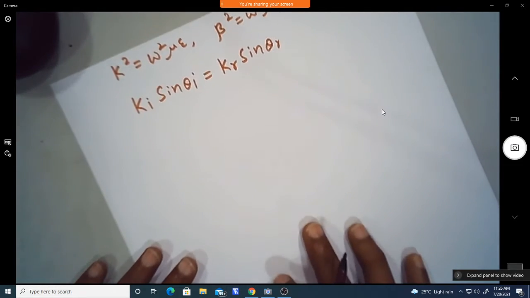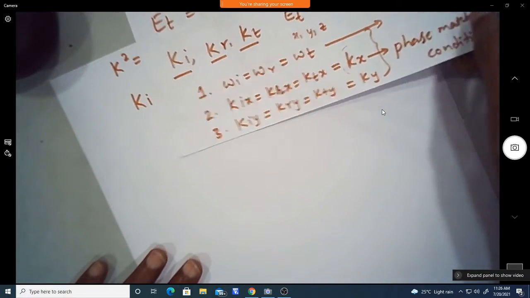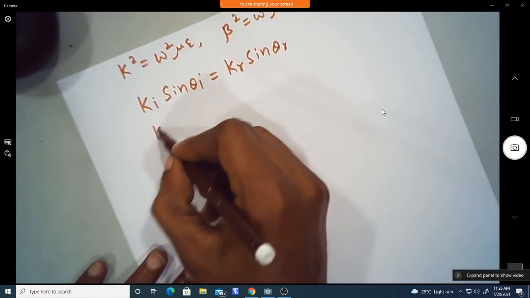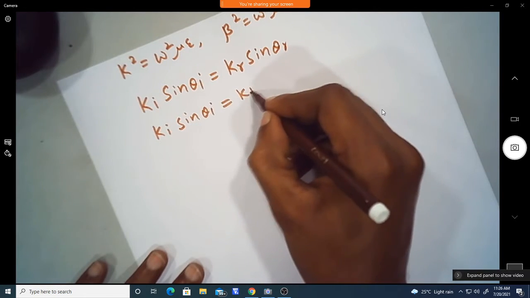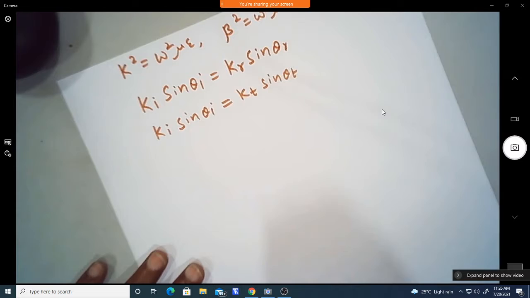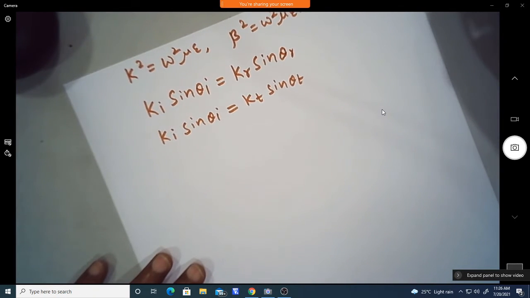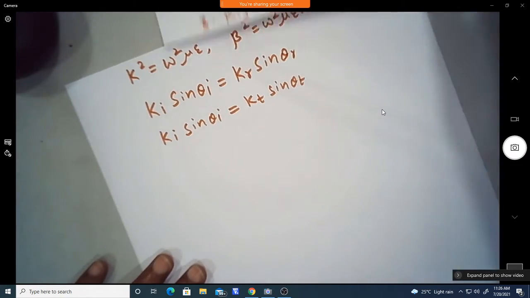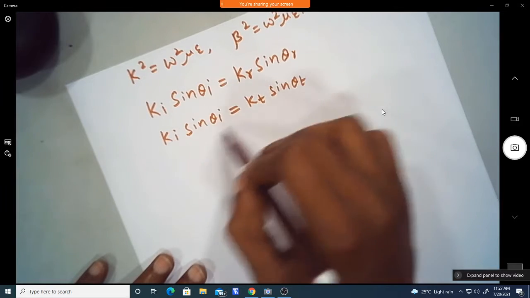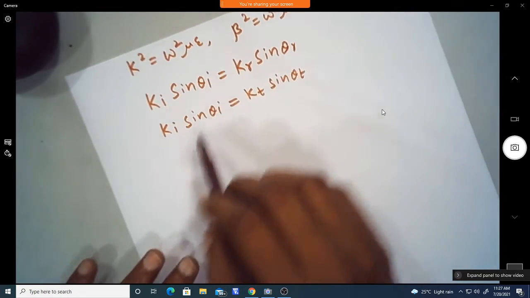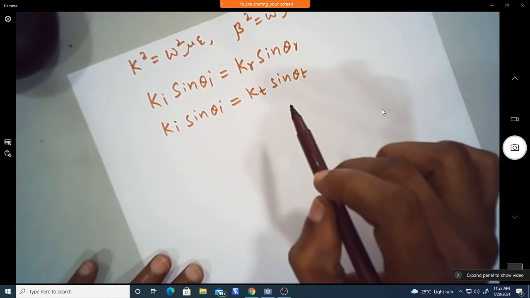This is the condition we get if these conditions are satisfied. Similarly, ki sin theta i should be equal to kt sin theta t, if these conditions are matching and the electric field is continuous at the boundary. Here theta i, theta r and theta t are the incident, reflected and transmitted angles.